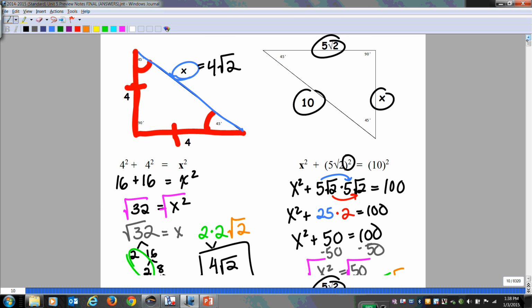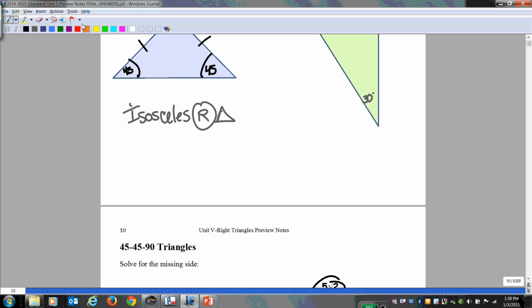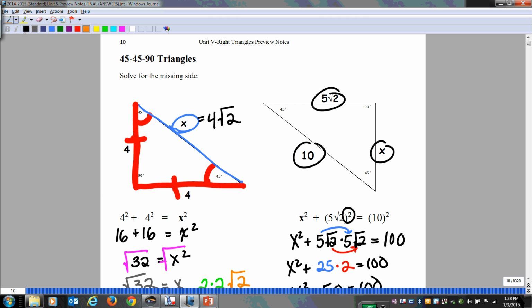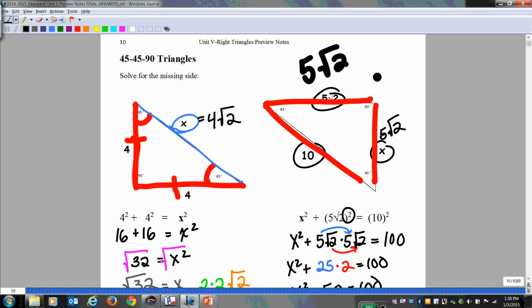Which makes sense because we have two equal angles, we must have two equal sides, 5 square root of 2. So notice the pattern here. We have 5 root 2, 5 root 2, 10. Now notice both of these are 45, 45 triangles.